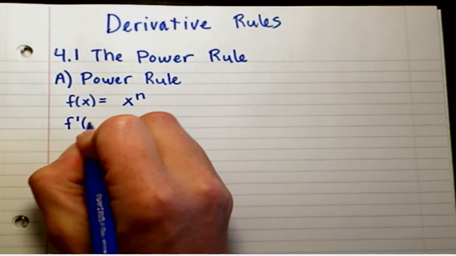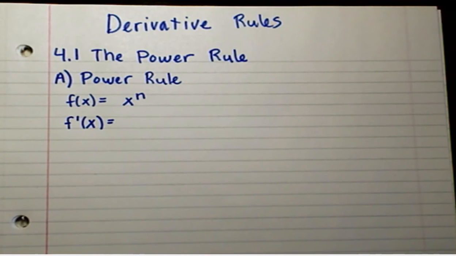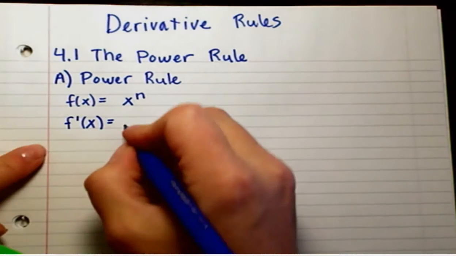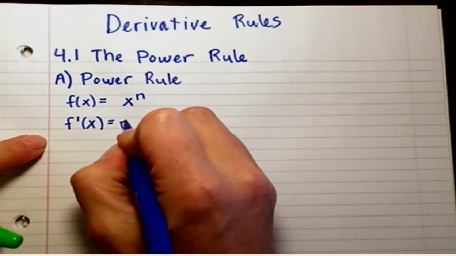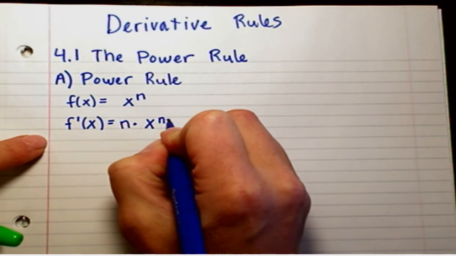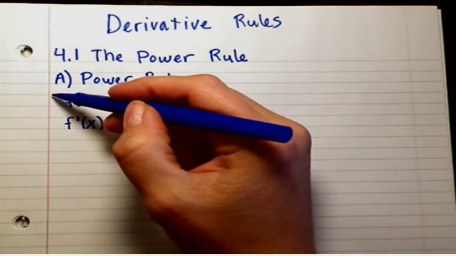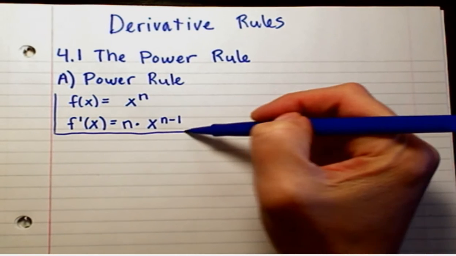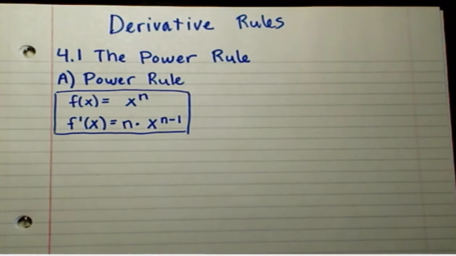The prime is the derivative, and that is just the power rule, which means drop the power, subtract 1. Okay, that's the power rule.